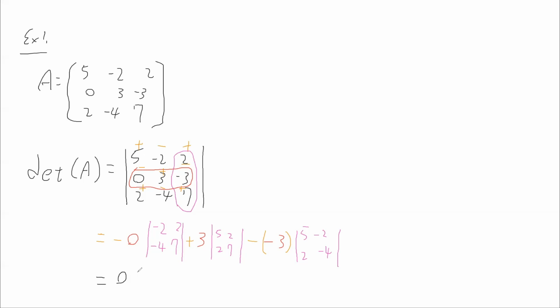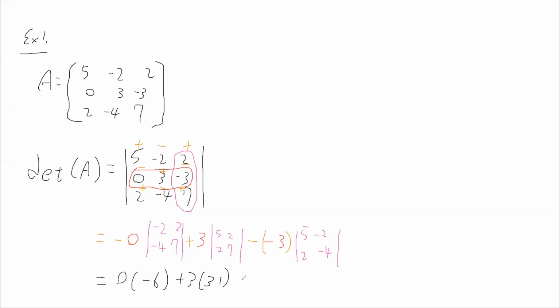That's 0 times that's -14 plus 8. It's -6. All right, we actually don't care because 0 multiplied by this will give us 0. Plus 3 times 5 times 7, 35 minus 4, 31.